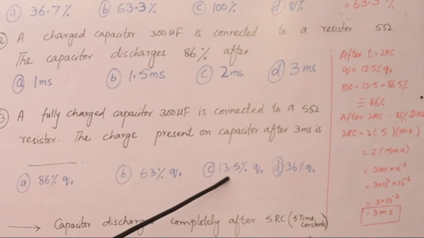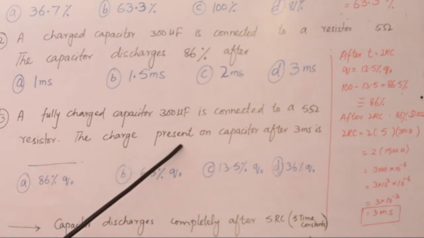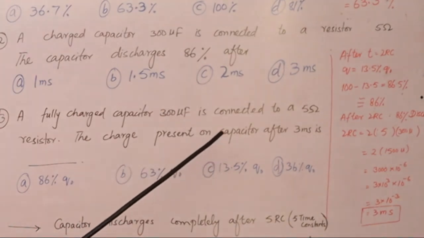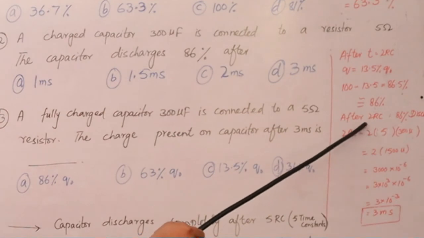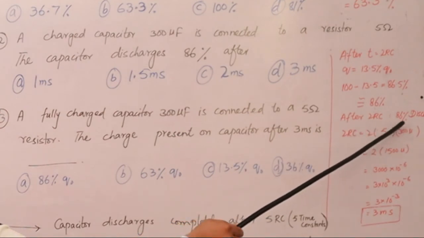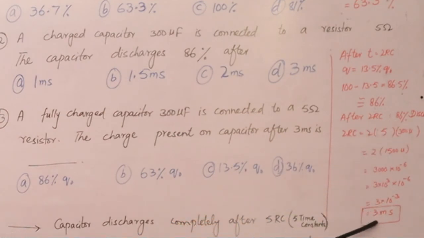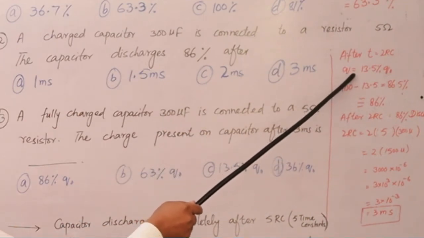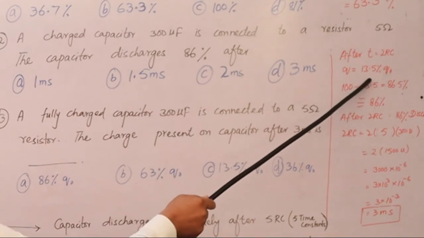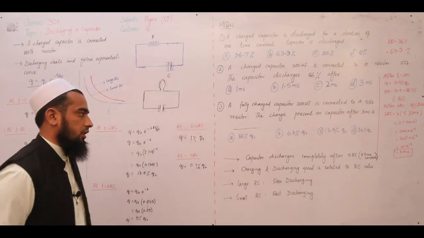So this is the right answer. The charge present on the capacitor after 3 milliseconds is the charge present after 2 time constants. In this case, 2 time constants. 2RC is 3 milliseconds for this system. Okay, and after 2RC, we already know that the charge present on the capacitor is 13.5% of the maximum charge.